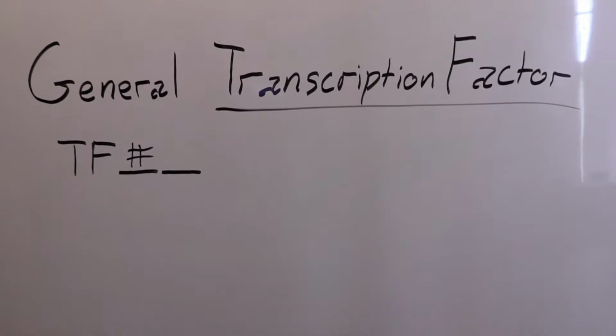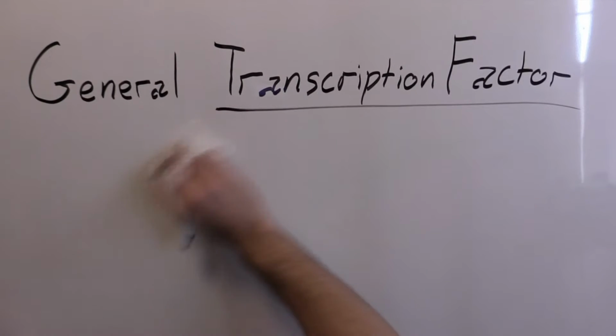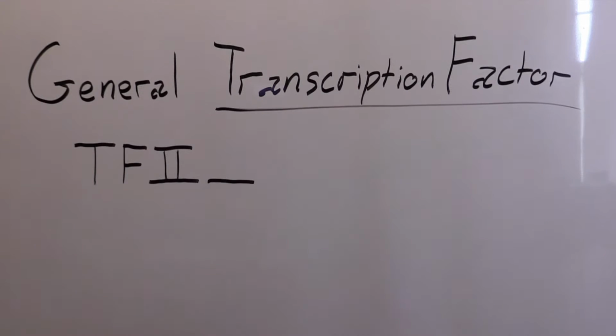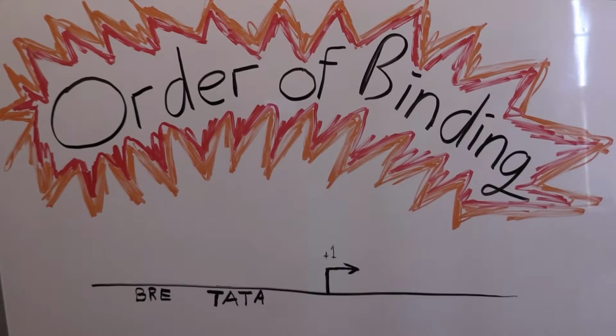This letter distinguishes it from all other general transcription factors that might be associated with a particular RNA polymerase. To save time, I'm going to omit the TF2, but just know that in this video I'm only referring to general transcription factors that interact with RNA polymerase II. To further save time, I'm not going to constantly say RNA polymerase II, I'm just going to refer to it as POL.